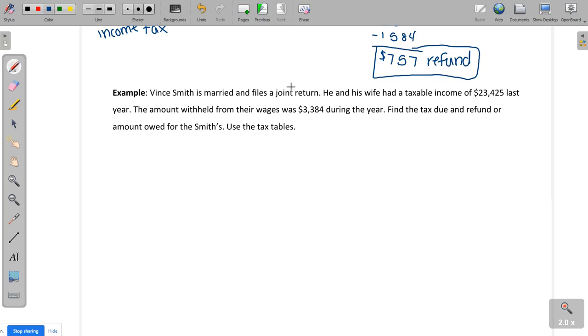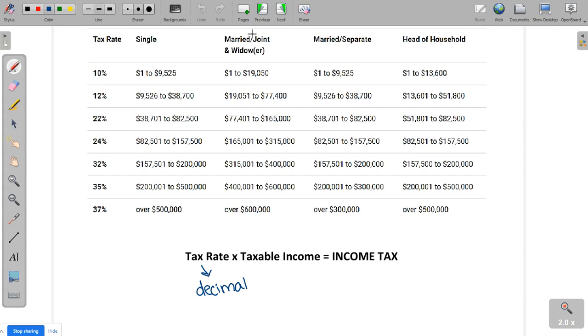So, they're married and filing jointly, with a taxable income of $23,425. So we go back to our chart, and we're going to be using this column here, and $23,425 is in between this interval, so it's going to be a 12% tax rate.